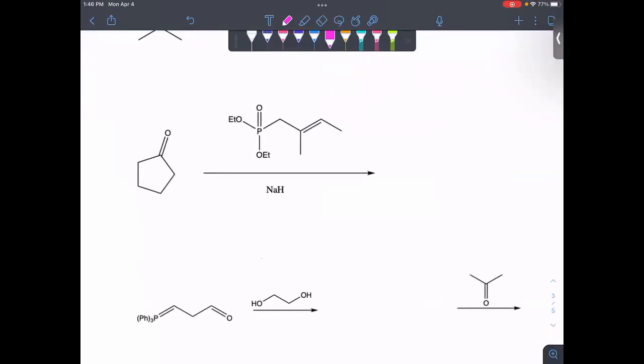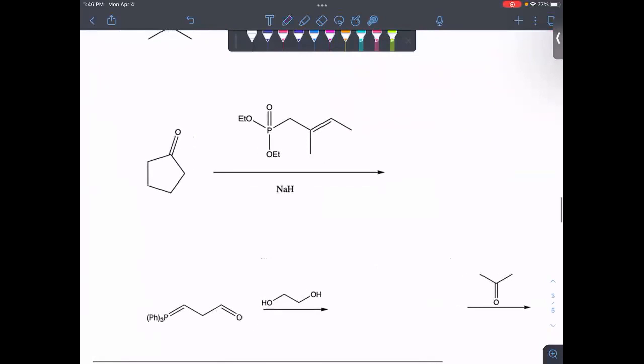All right, so here, ketone, and then what's this stuff? It's HWE. You can tell because you have this phosphorus stuff with a bunch of oxygens. That is a giveaway that it's a Horner-Wadsworth-Emmons. So for both HWE and Wittig, what's really important is that you have this carbanion on the carbon adjacent to the phosphorus. You have to form that to make the reaction possible.